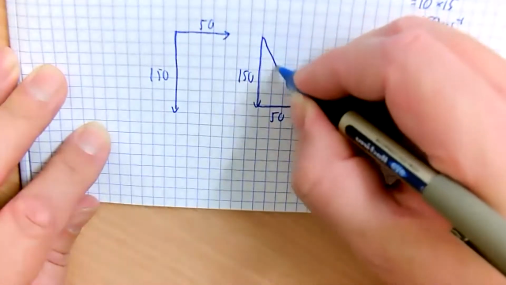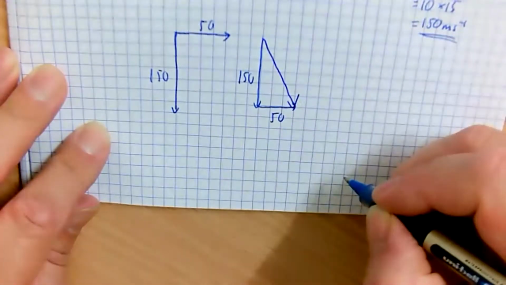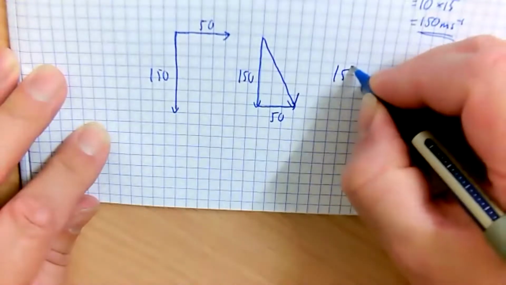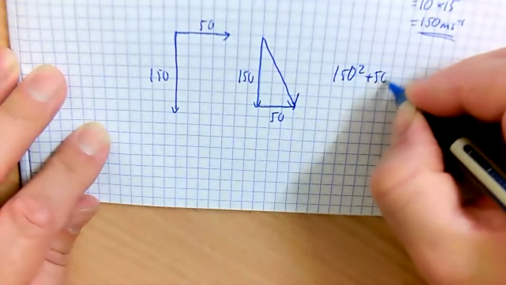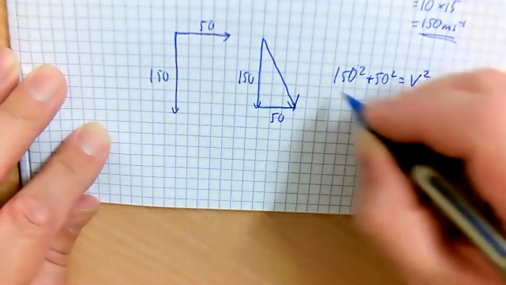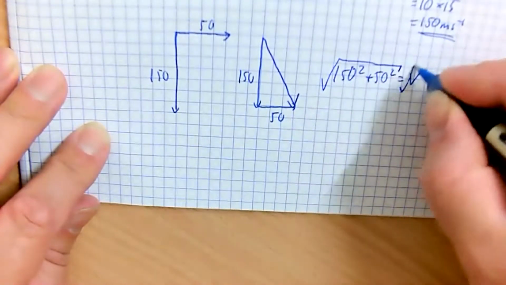The resultant is that one, the hypotenuse of the triangle. So it's 150 squared plus 50 squared equals the final velocity squared. To get the final velocity, you've got to square root it.